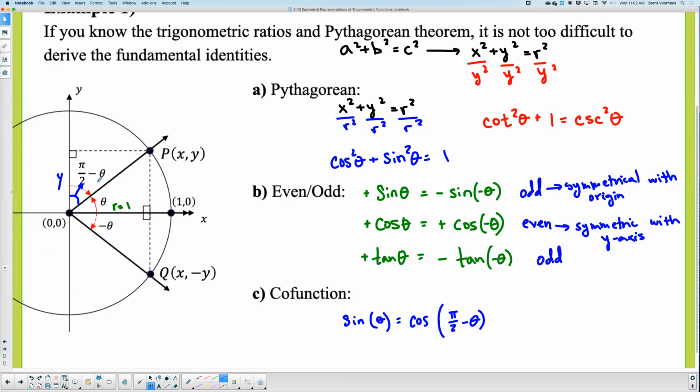We call those cofunctions because the angles are complementary. Sine becomes a cosine, tangent becomes a cotangent, secant becomes a cosecant. Those are easier to formulate, but that's what this diagram is to show you. Okay. After going through that, let's actually use these to solve.